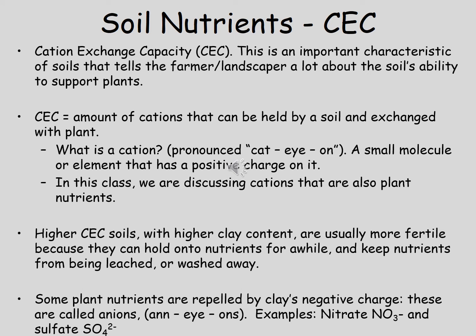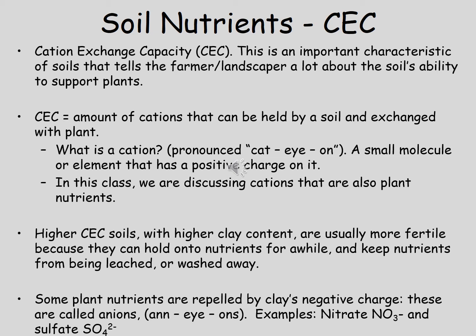Let me describe another soil property called cation exchange capacity. This is always a little bit of a tricky concept to get. It's just the ability of a soil to hold on to and release plant nutrients to the soil water and thus to the plant. So the higher its cation exchange capacity, usually the more fertile the soil is.